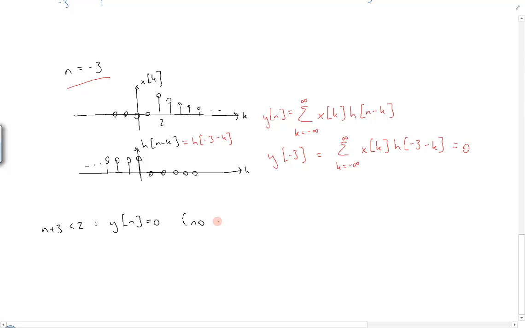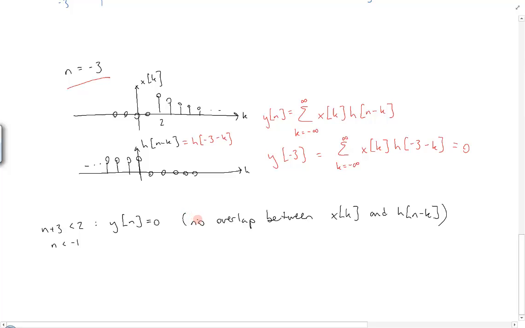This can also, of course, be written as when n is less than negative 1, since n plus 3 less than 2 is the same thing as n less than negative 1.